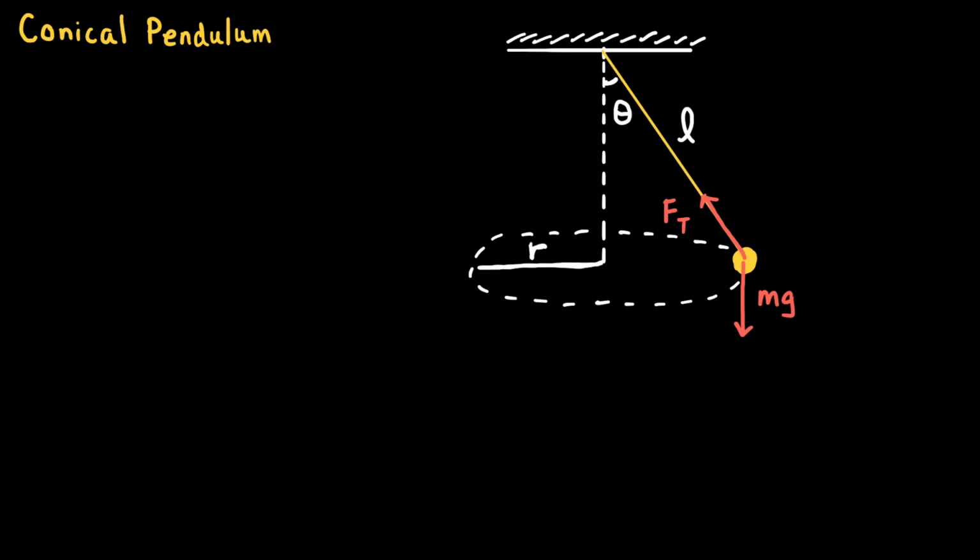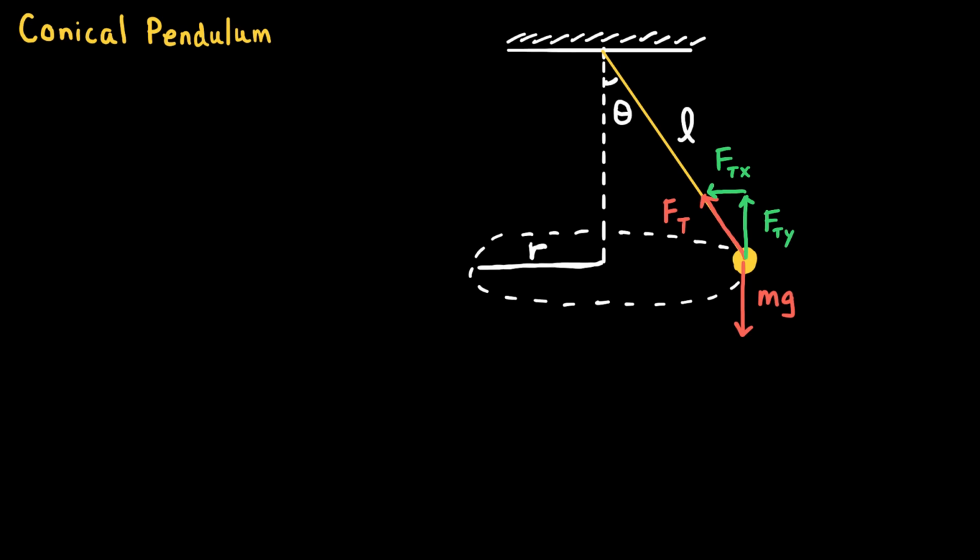What I'd like to point out now is that the tension force that I've drawn could be drawn as two components: a vertical component, which looks like this, and a horizontal component, which looks like this. I'm going to call the vertical component F_Ty and the horizontal component F_Tx, the x and y components of the tension force.